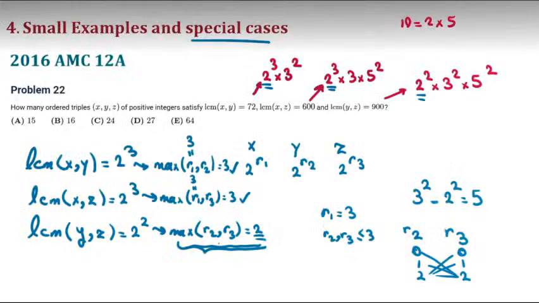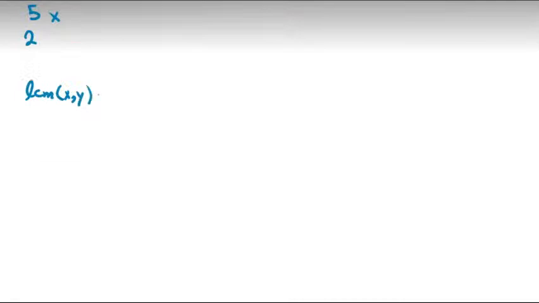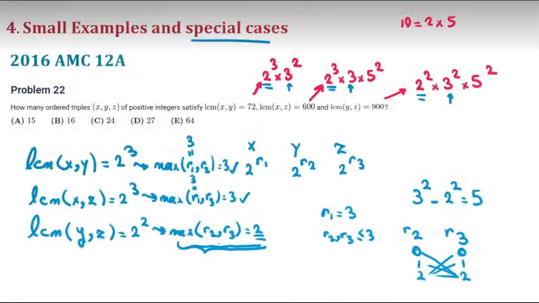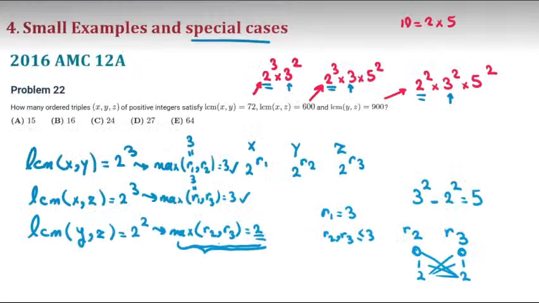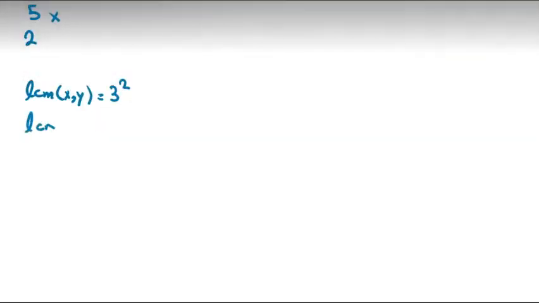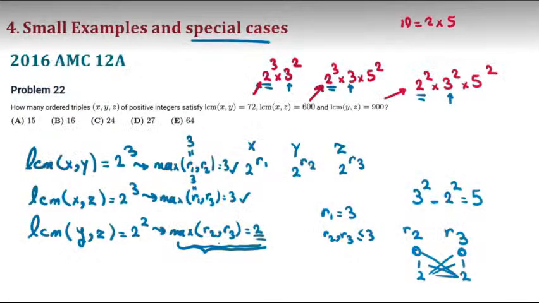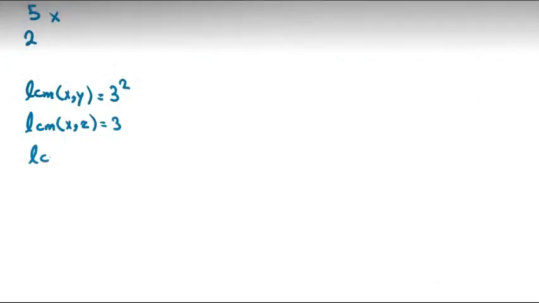Now we should also focus on 3. The idea is, we should calculate for 3 how many cases we have, and then for 5. So for 3 squared, let's write: LCM of xy is 3 squared, LCM of xz is 3, and LCM of yz is 3 squared.